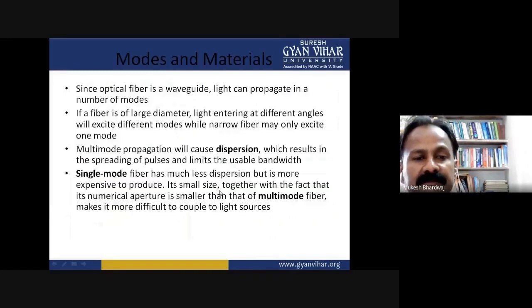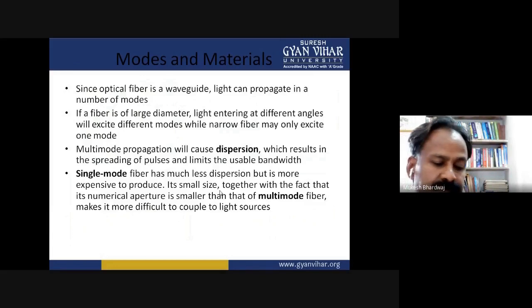Modes and materials. Since optical fiber is a waveguide, light can propagate in a number of modes. If a fiber is of large diameter, light entering at different angles will excite different modes, while a narrow fiber may only excite one mode.